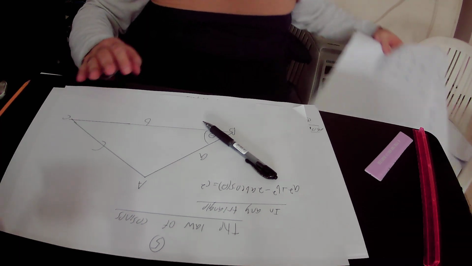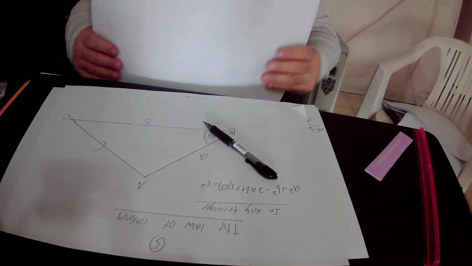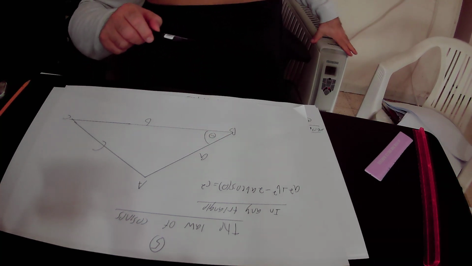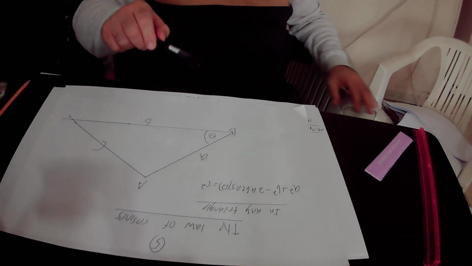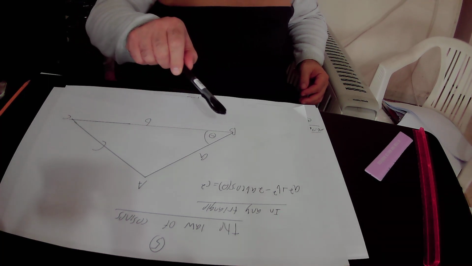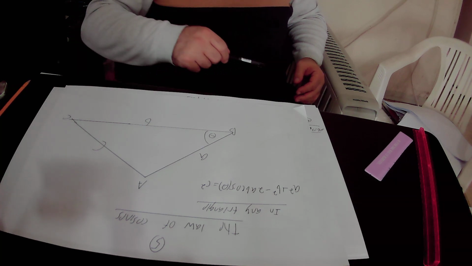I'll repeat again. According to the law of cosines in triangle ABC, A square plus B square minus 2 times AB times cosine theta equals C square.